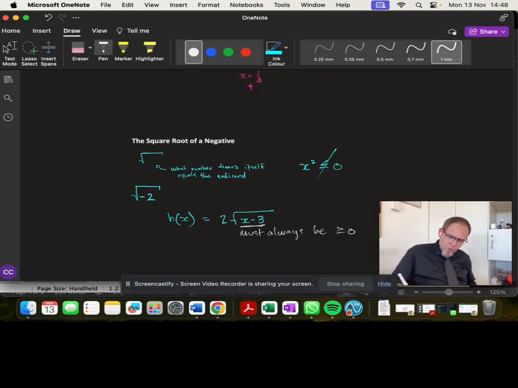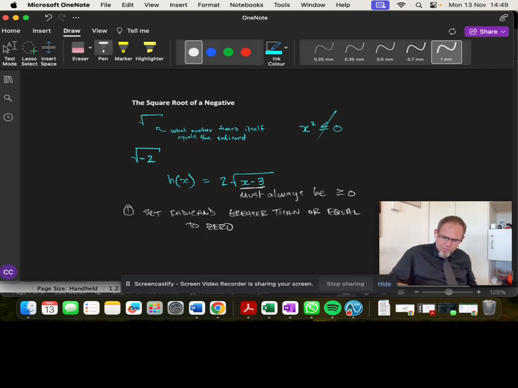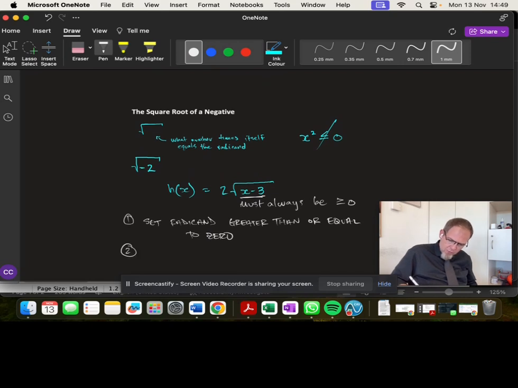So for this, we're just going to set the radicand, the value underneath the radix, greater than or equal to 0, because it has to be greater than or equal to 0. And then we're going to solve for x.